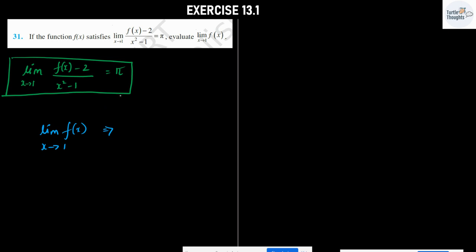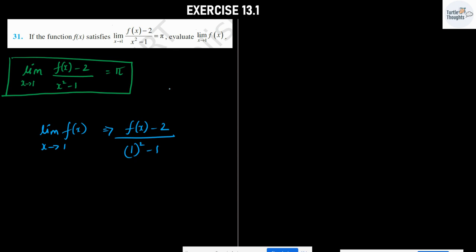When I substitute 1 in place of x, here I will be getting f of x minus 2 divided by 1 square minus 1. Will I be getting that as 0? So can I substitute directly, or should I be doing something else?